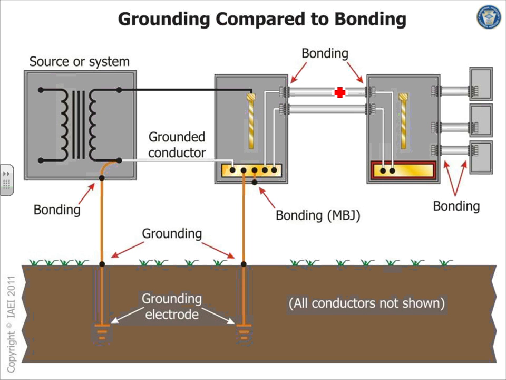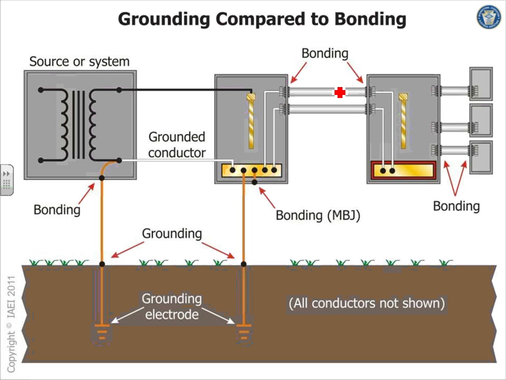If you have a big metallic object here and a circuit coming to it, anything metallic in a building has to be bonded. A good example is the grid here. The light is sitting in the grid. Could the grid be energized through the light? Yes. So the grid has to be bonded to the electrical system. It's not an electrical object, but it could be energized through the light. So you have to bond your grid to the grounding electrode system inside your building.